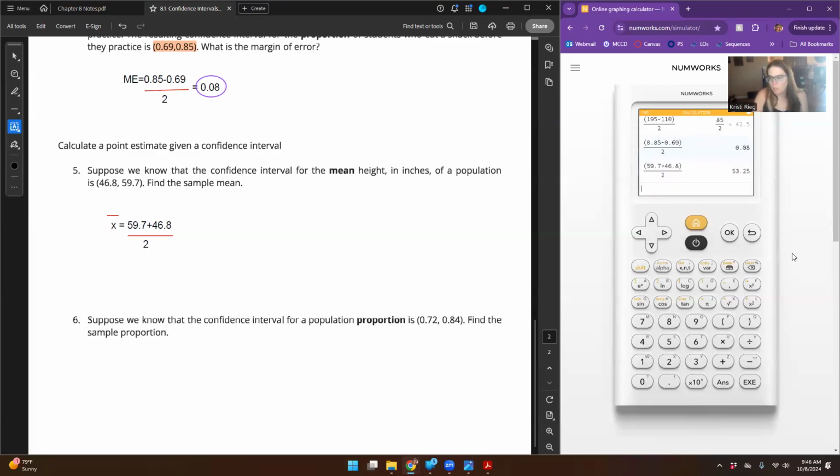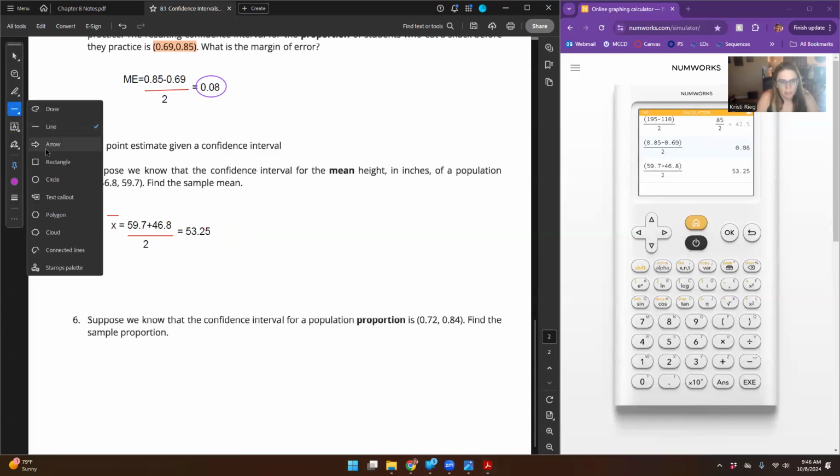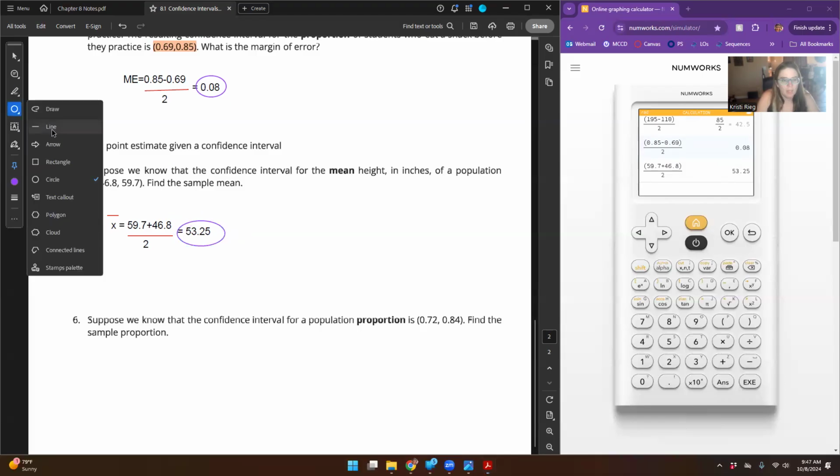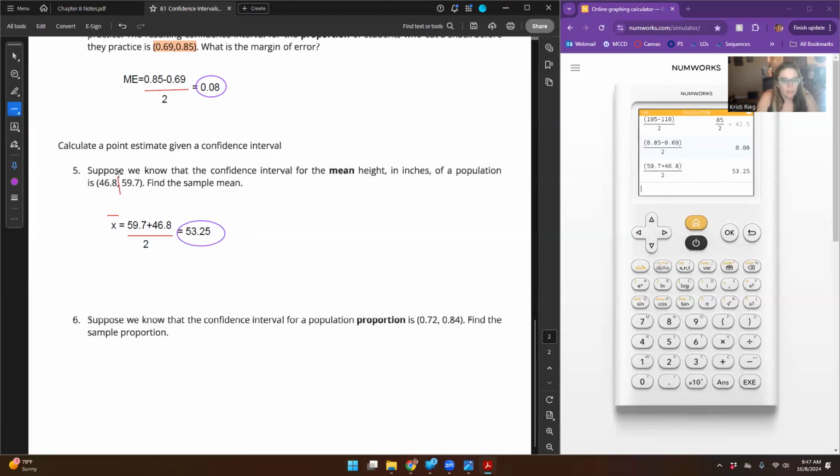Divide everything by 2, and I get 53.25, which is perfect. Remember, mean doesn't have a restriction, so it's fine that it's 53. And also, 53.25 is the number right smack dab in the middle of these two. It's halfway in between those two numbers, hence the divided by 2.